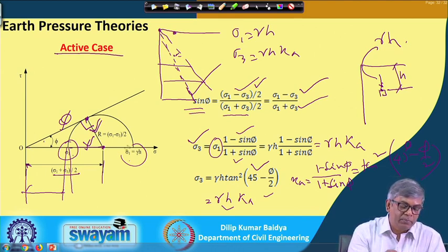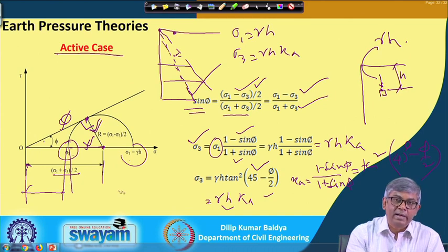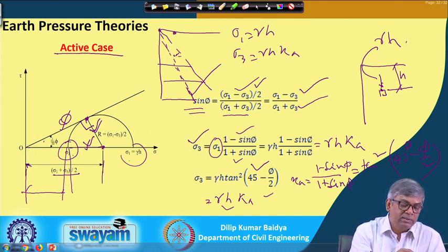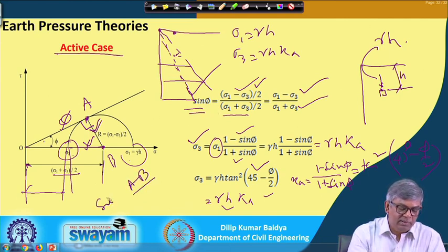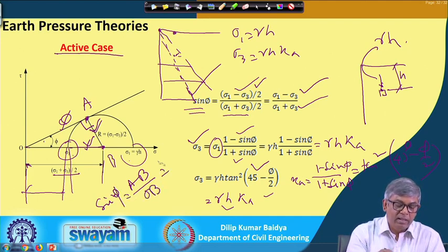This is the Mohr circle for the active earth condition, and this is the failure envelope for the soil. Considering the circle, if I join the center to the tangent point and consider this triangle, suppose O, A and B, then sin phi is equal to A B by O B, where A B is the radius and O B is sigma 1 plus sigma 3 by 2.